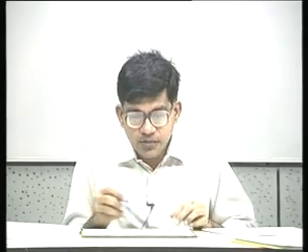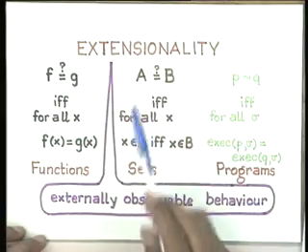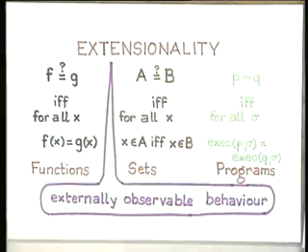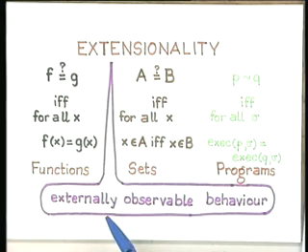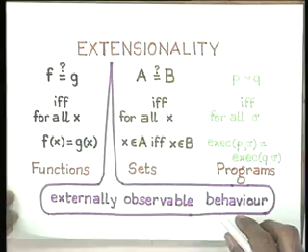By extensionality we mean as opposed to what might be called its intention. Extensionality is best understood if you understand what intention is, and intention is just the construction of the black box, the internal construction.